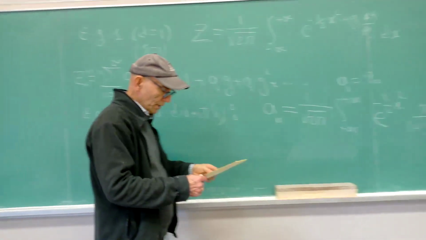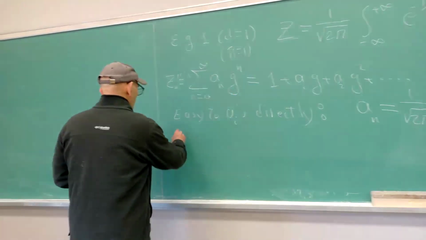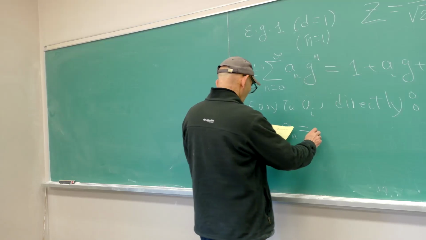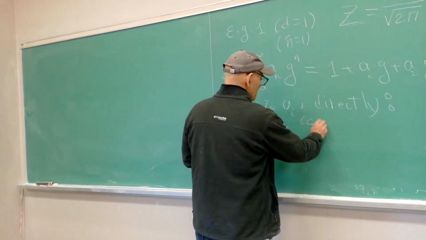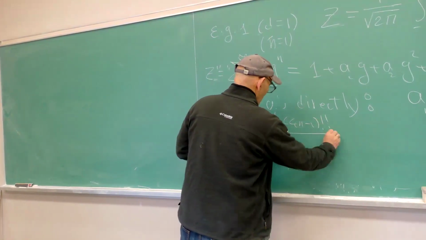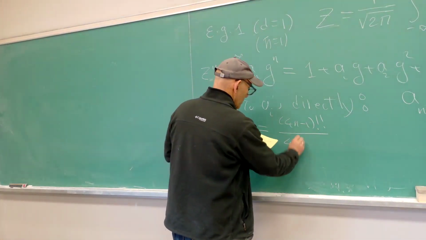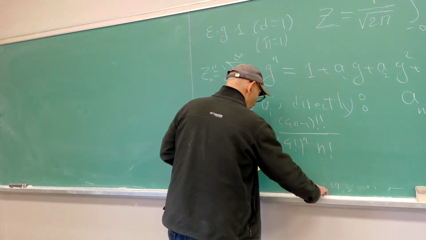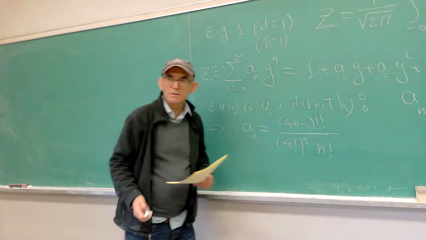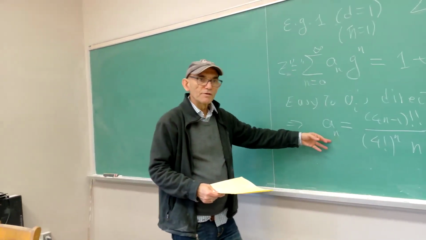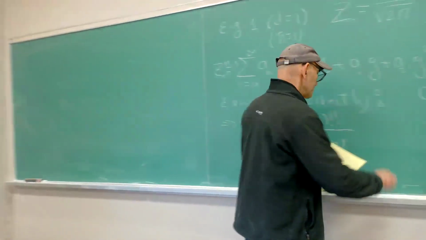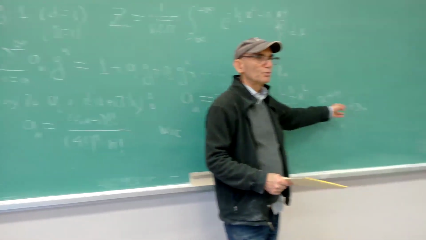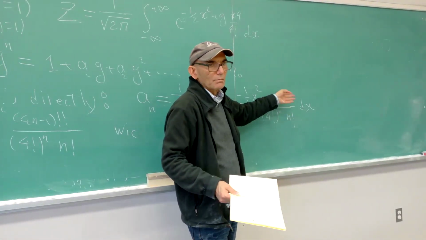We already know by classic Wick's theorem that a_n is equal to (4n minus 1) double factorial, divided by 4 factorial to the power n times n factorial. You don't even have to use Wick's theorem; you can just prove these things by induction.